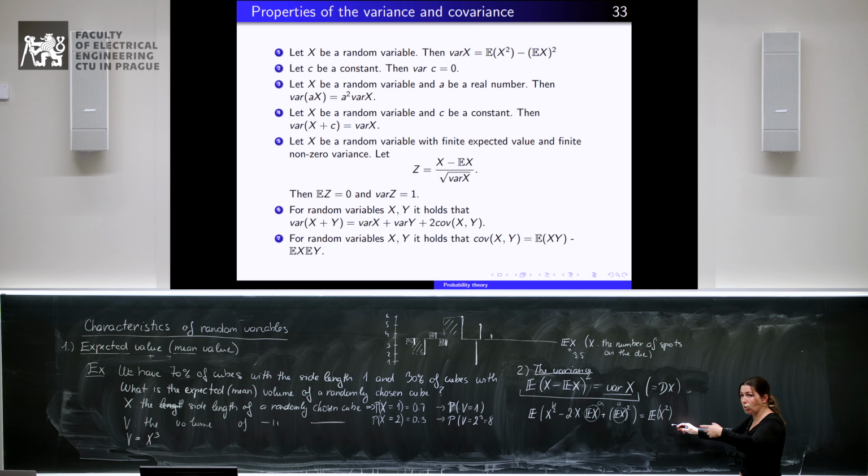I will omit the brackets later, but now so you can see exactly what is calculated. So here is calculated the expected value of x squared minus the expected value of 2 times x times the expected value of x plus the expected value of the expected value of x squared.